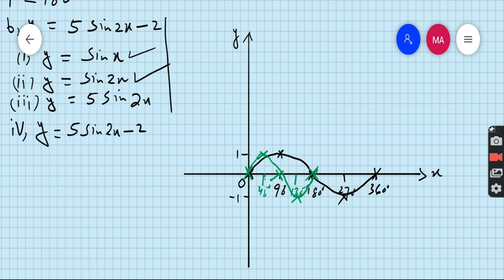Okay, now start to draw the third, 5 sine 2x. This time I am using a blue curve.